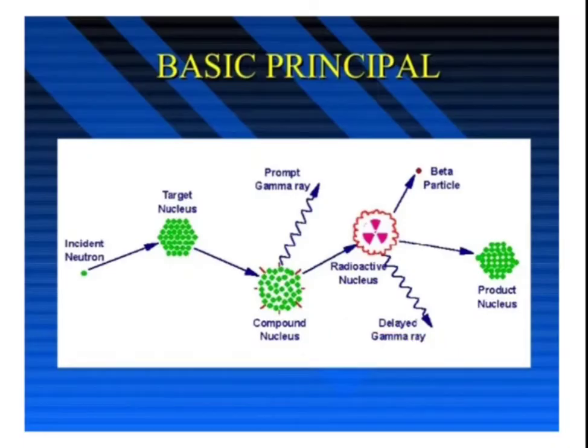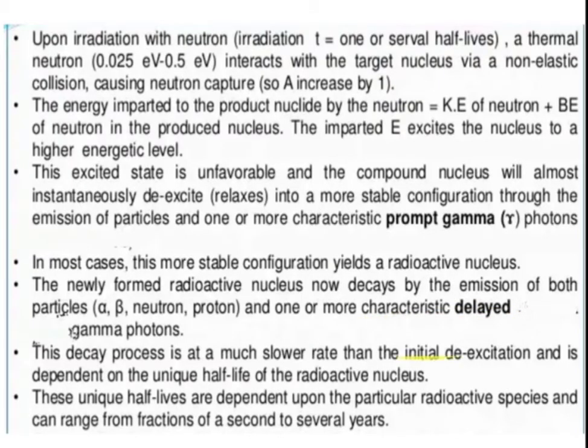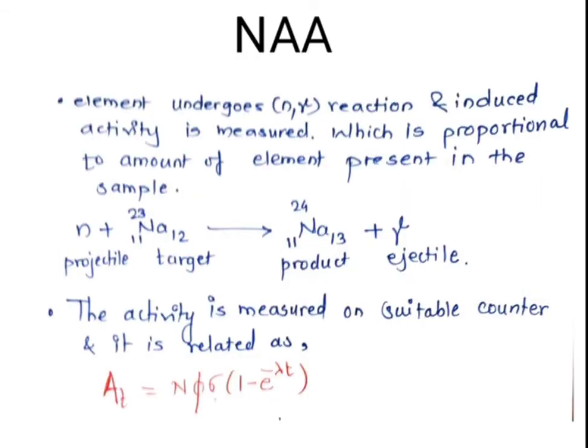And this is the diagram of the principle which we have written here. Then we will see how the concentration of the product nuclei, or the activity of the product nuclei formed, will be calculated. So let's start. In neutron activation analysis, the element which is to be estimated is allowed to undergo an n,gamma reaction. Initially we take any nuclei, and on that nuclei we bombard the neutron, and then there is a formation of the product nuclei and ejection of gamma rays.